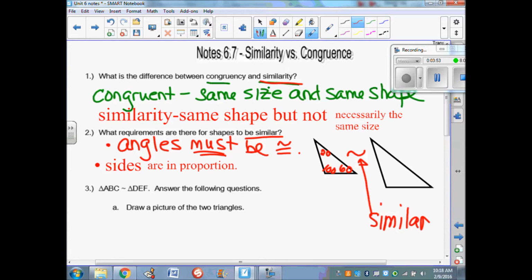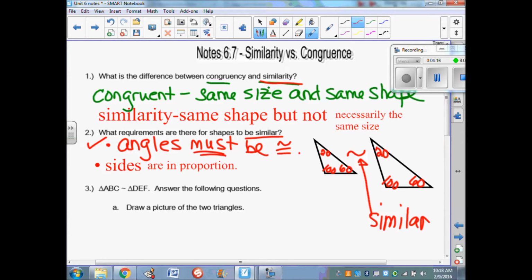Well, if these two triangles are similar, this angle must be 20, this one that corresponds must be 60, and this one corresponds must be 100. So that fulfills our first bullet of angles must be congruent.